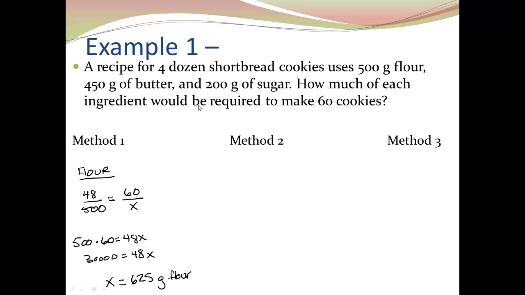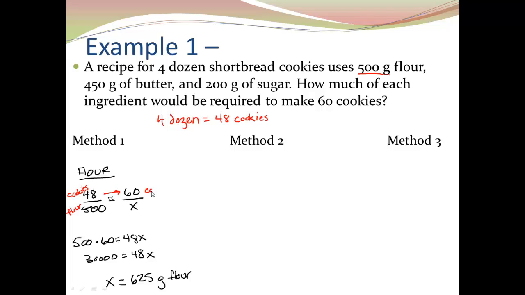This is 48. Where did I get that? Well, there are 4 dozen cookies in this recipe, and we need that to translate to 48 cookies because there's 12 in a dozen. So since we have 4 dozen, we have 48. So I take that 48 cookies and put it over 500, which is the number of grams of flour, and we set it equal to x over 60, because remember, this is the cookies here, and this is the flour, and this needs to match across.